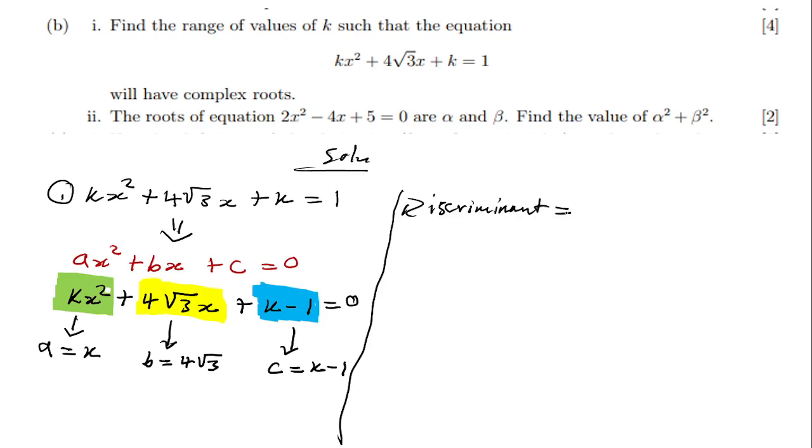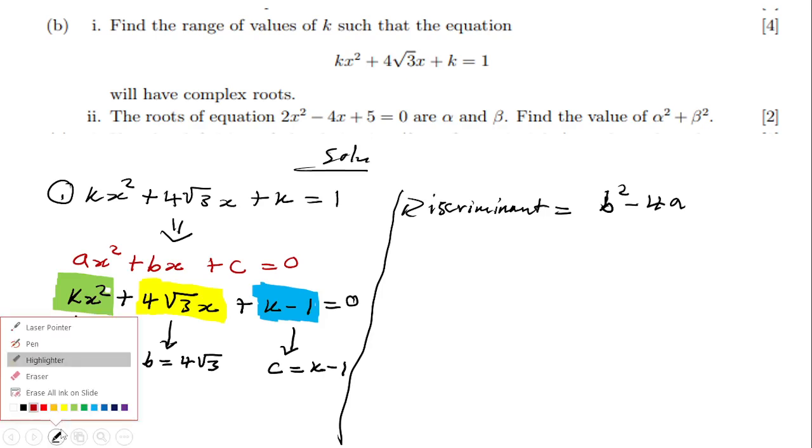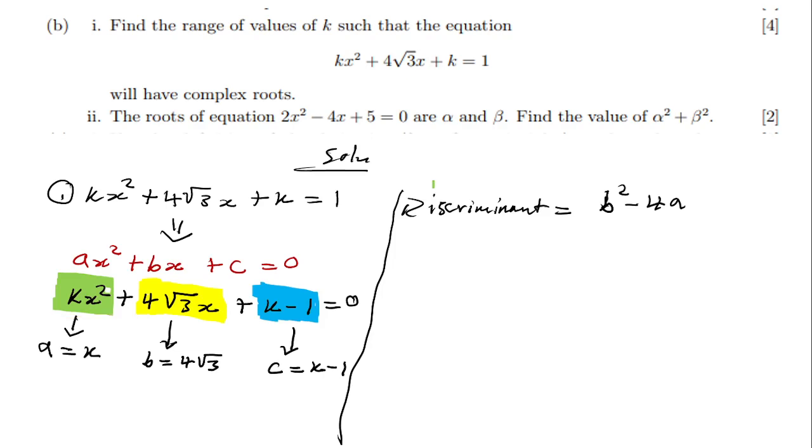is equal to b squared minus 4ac. So that's the formula each and every one of you is supposed to take note. This is the formula for what?